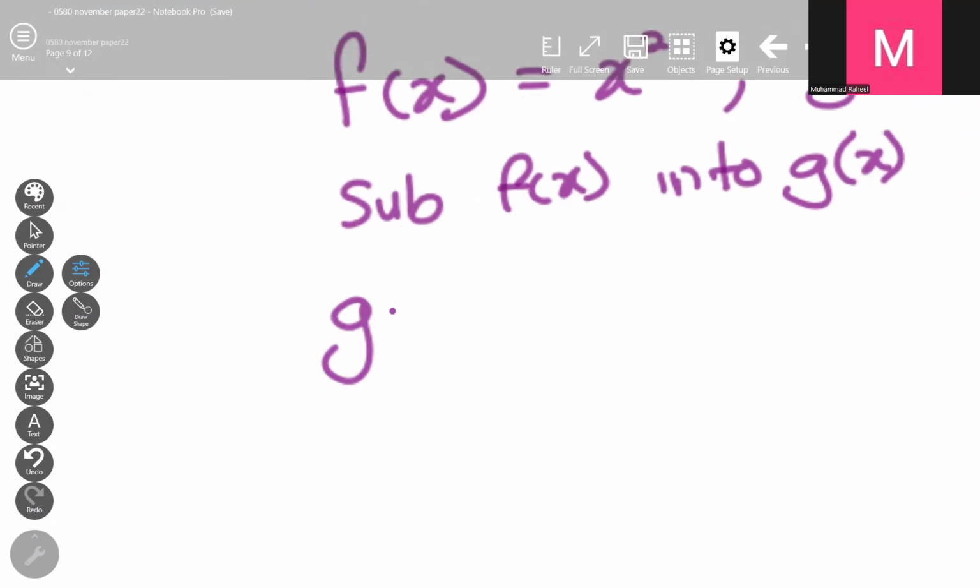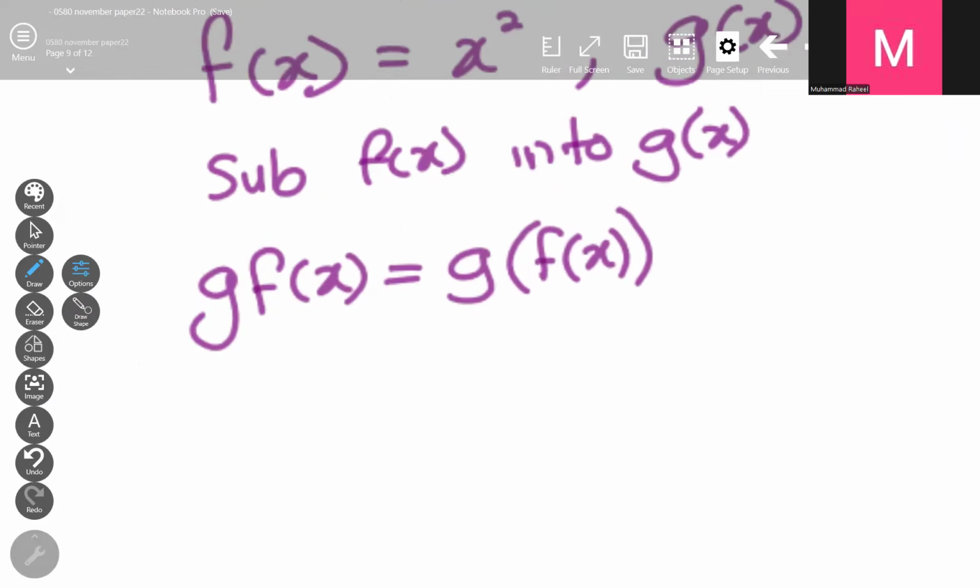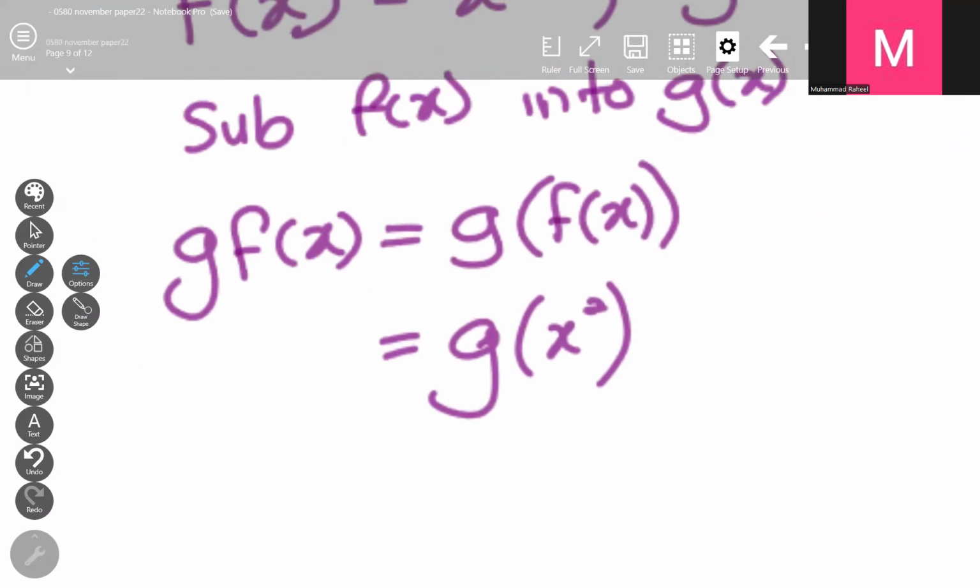So g f of x we can write as g of x squared, because we replace the f of x here with x squared.